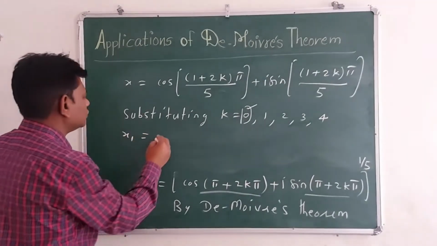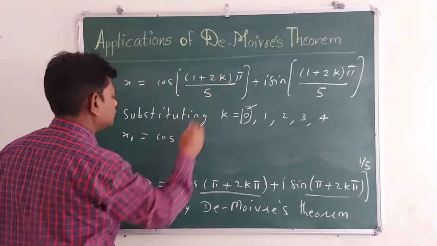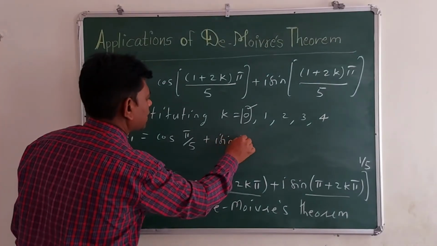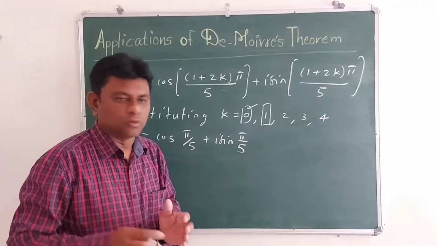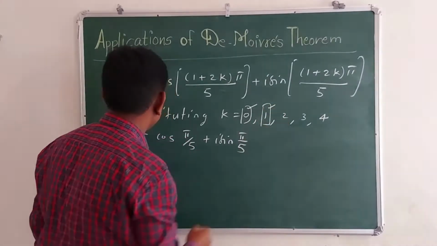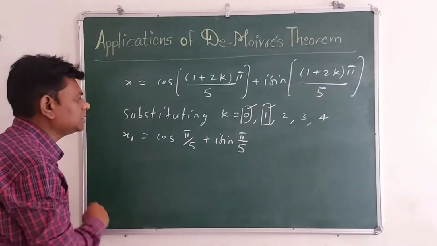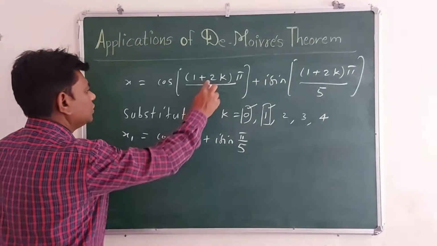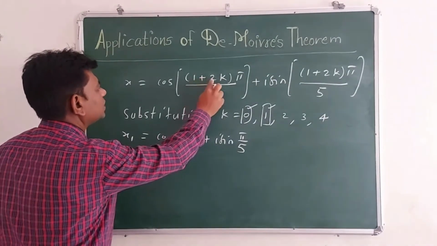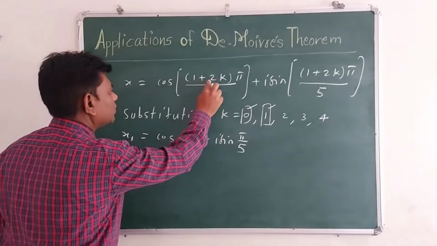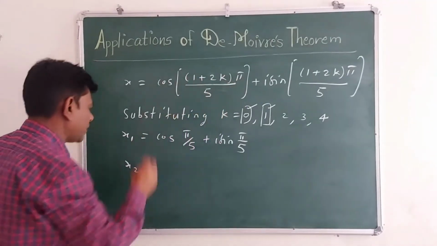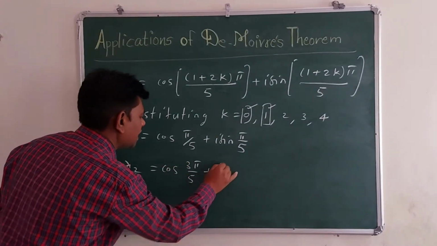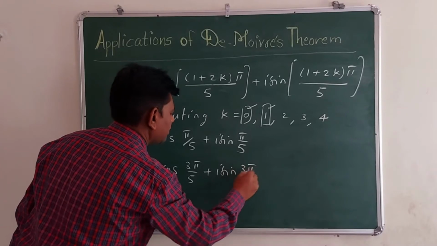Now this is equal to cos, now k be the 0, the answer be the pi by 5 plus i sin pi by 5. Now by substituting k equal to 1, we get the second value of the new equation. That is denoted by x2, and this is equal to, now k is 1, that is 1 plus 2 times 1 means 3 times pi by 5. The answer is cos 3 pi by 5 plus i sin 3 pi by 5.